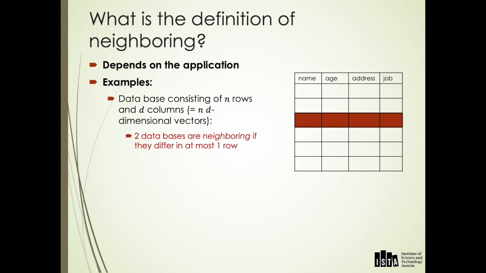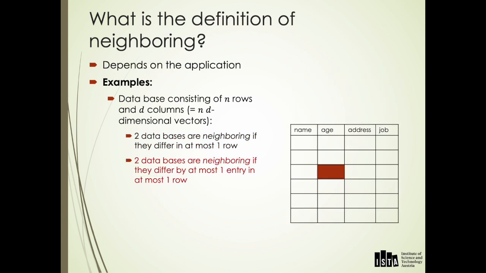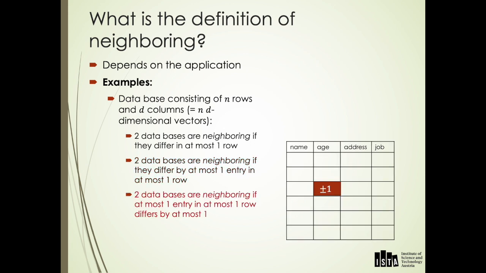So one user is different. But then they said, isn't this maybe too generous? And they restricted it more, and said two databases are neighboring if they differ only in the entry for one row. So one entry in one row is different. Or even more restrictive, one entry in one row differs by at most one.